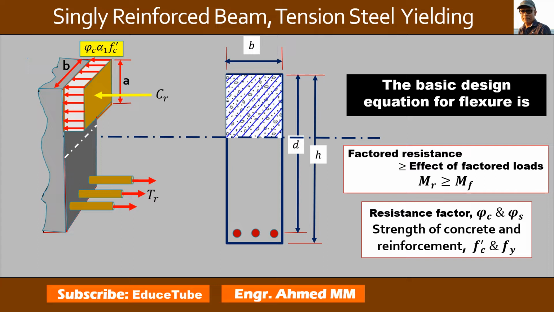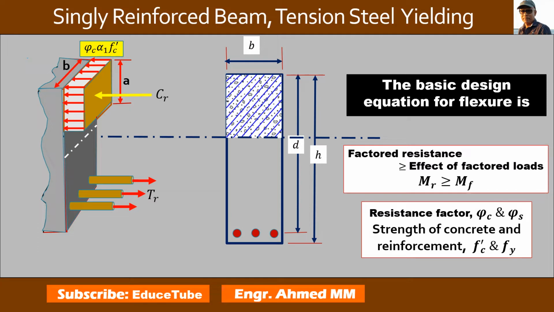But there is the less desirable case where the concrete crushes in compression before the tension reinforcement yields. But we are not going for that case. Our case is failure initiated by yield of the tension reinforcement.